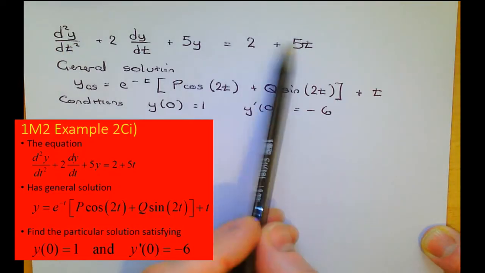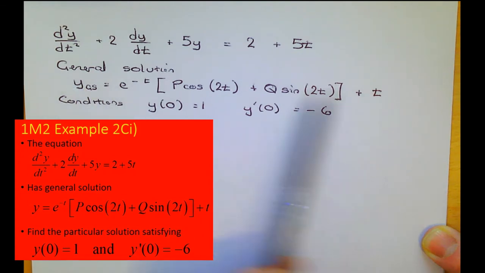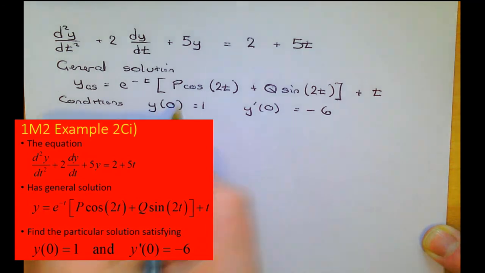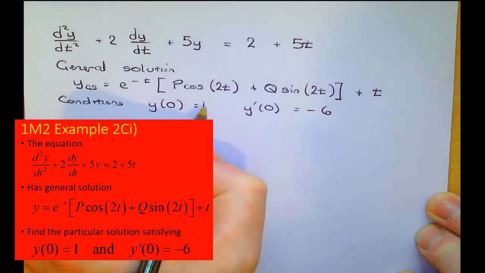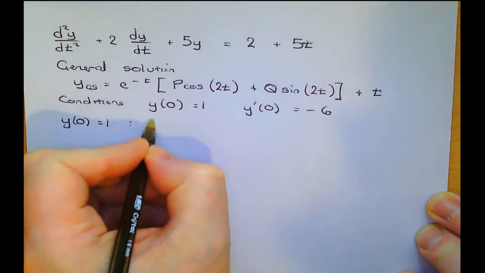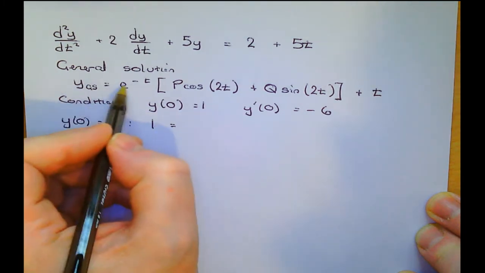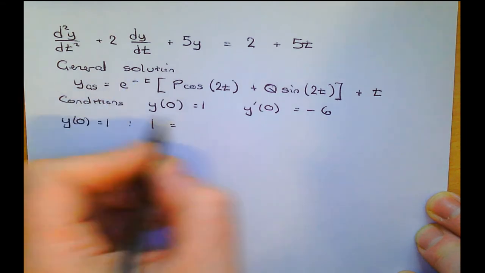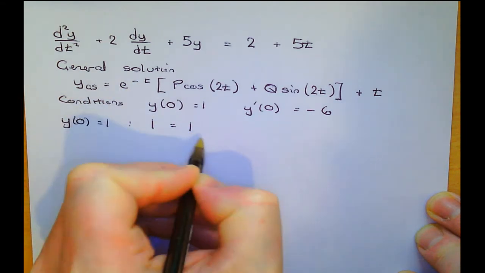So we want to use this information to find the values of p and q. So here's our equation, along with the general solution and the conditions that we want to fit. So let's look at the first condition here. When t is 0, y is 1. So y is 1. e to the minus t, well, that's e to the 0, which is 1.